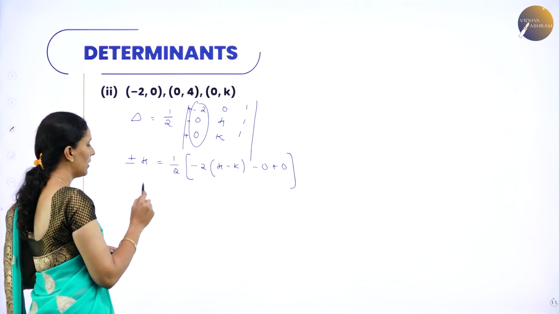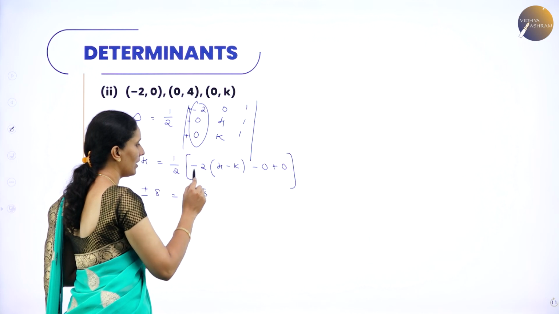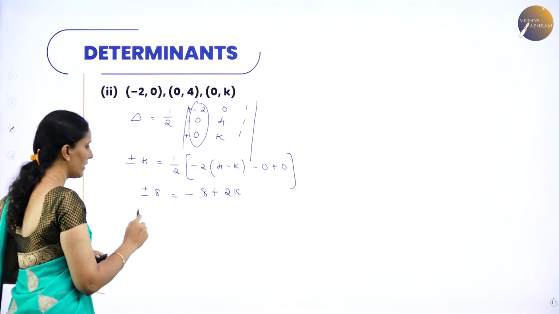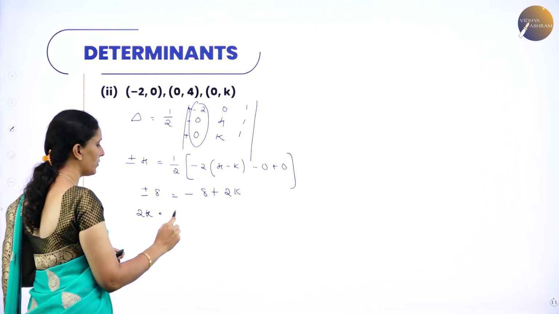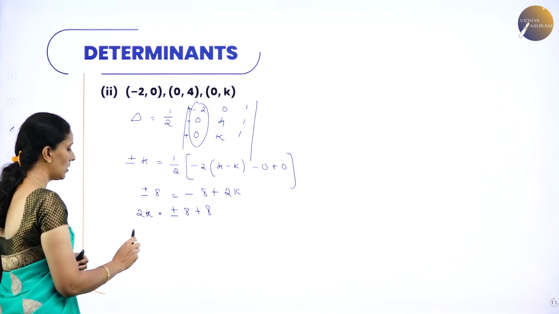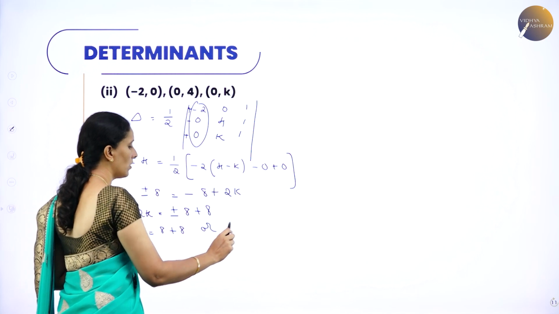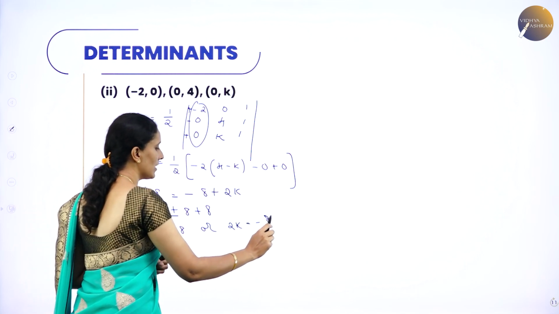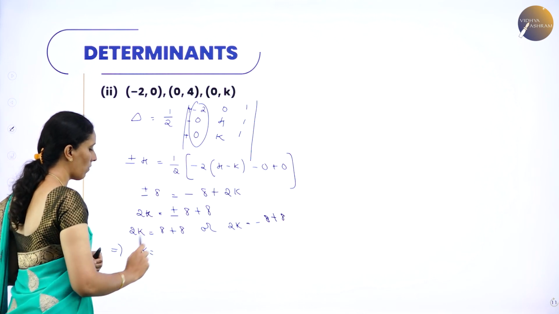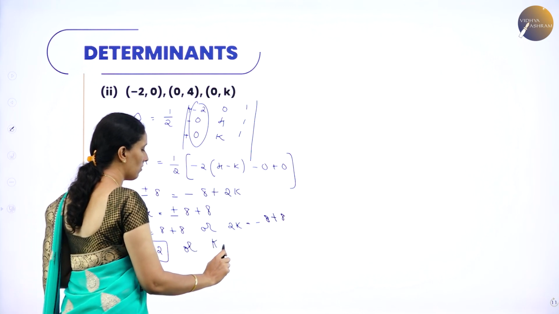Next, we have plus or minus 8 is equal to minus 8 plus 2K. So, we have 2K is equal to plus or minus 8 plus 8. So, we get here 2K is equal to 8 plus 8 or 2K is equal to minus 8 plus 8. This implies K is equal to 2 or K is equal to 0.